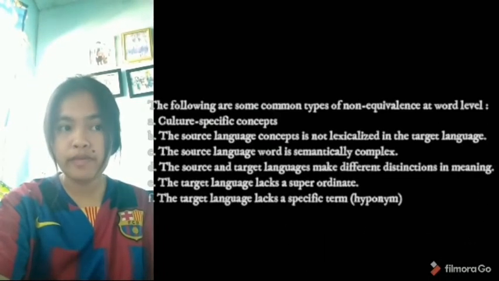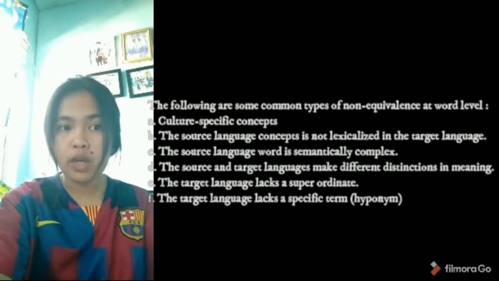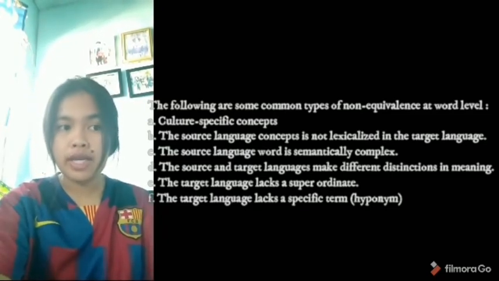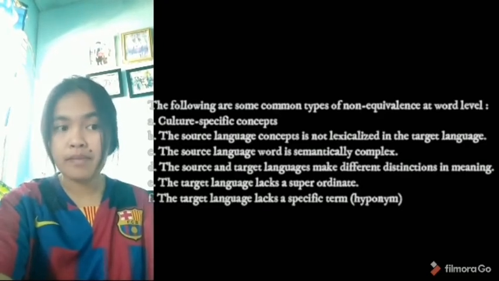According to Baker, there are 10 common types of non-equivalence at word level. 1. Culture-specific concept. 2. The source language concept is not lexicalized in the target language. 3. The source language word is semantically complex. 4. The source and target language make different distinctions in meaning. 5.